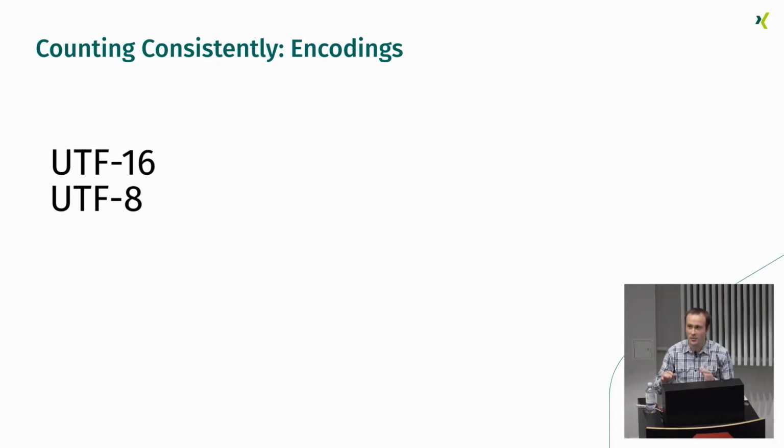You want Unicode, you want to represent as many characters as possible, and UTF-32 is kind of odd. But UTF-16 and UTF-8 are used in a lot of places. So these were the encodings we had to make a decision between.